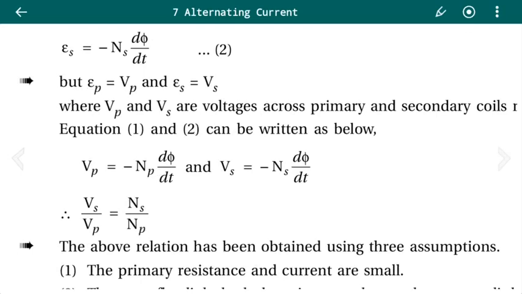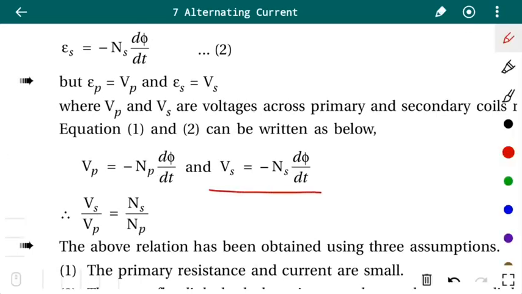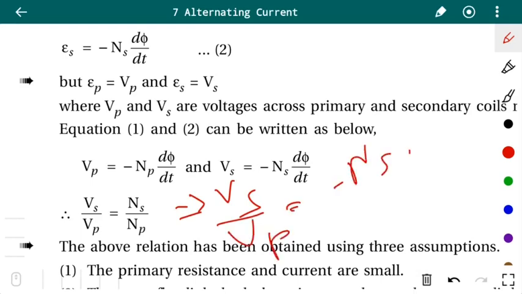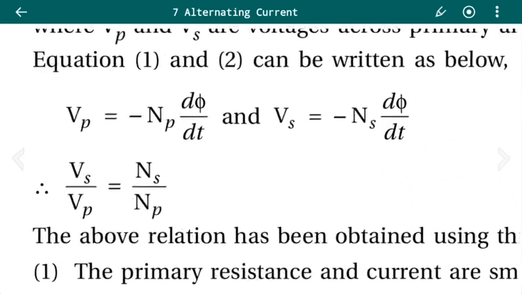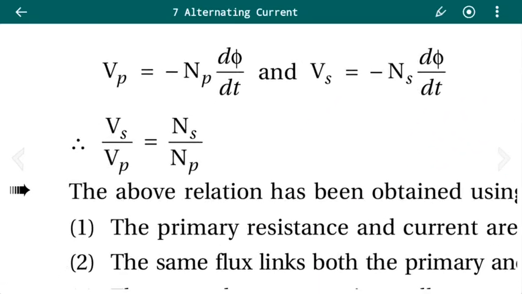Now taking the ratio of the two, Vs by Vp equals minus Ns d phi by dt upon minus Np d phi by dt. Here the d phi by dt and the minus get cancelled, and we have Ns upon Np. So here Vs by Vp equals Ns by Np.